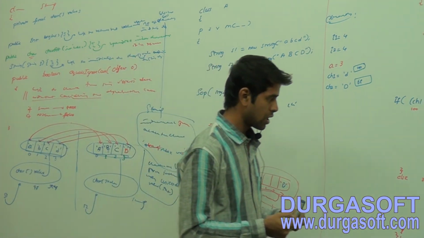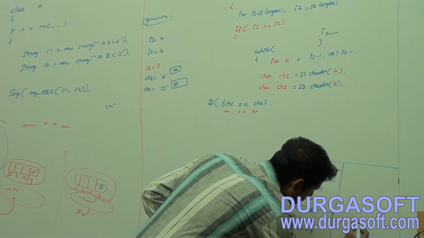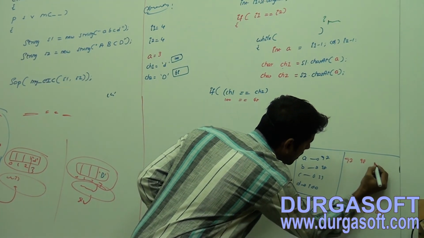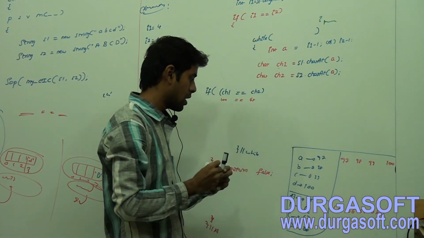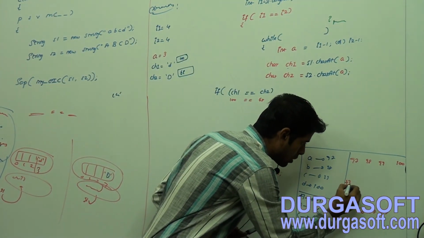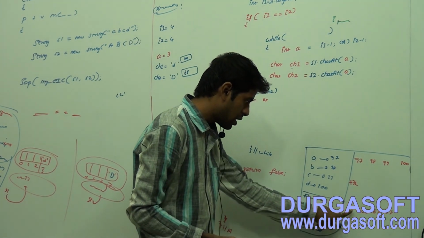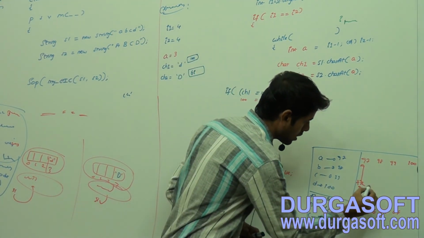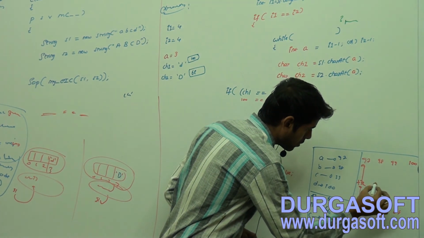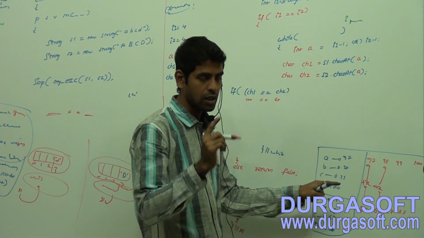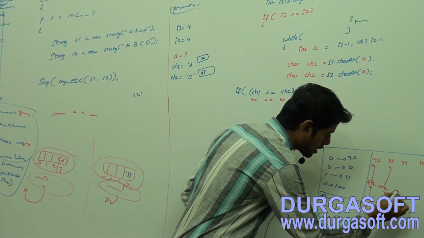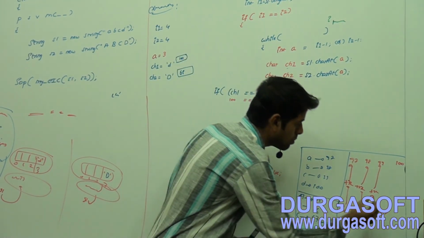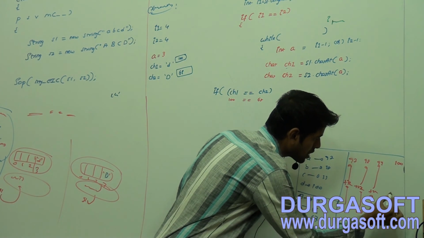Observe properly. 65, 66, 67, 68, 97, 98, 99, 100. If I put plus 32 to 65, can I reach 97? Yes. If I put 66 plus 32, can I get 98? Yes. If I put plus 32 to 67, can I reach 99? Yes. If I put plus 32 to 68, can I reach 100?